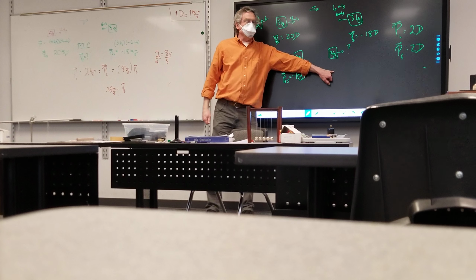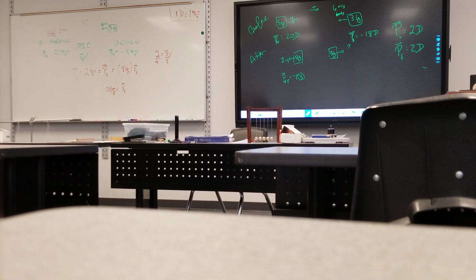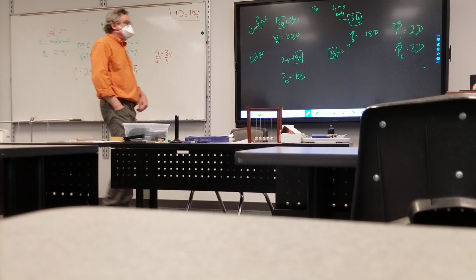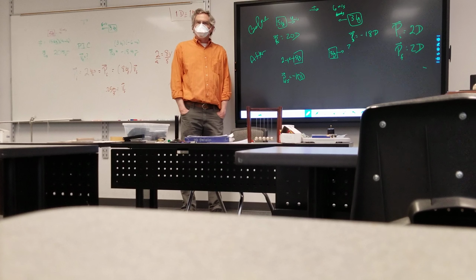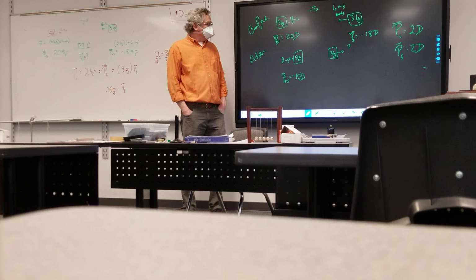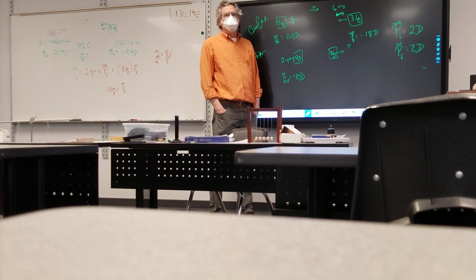So I have to figure out what is the final momentum of the 3 kilogram mass. I know the sum is 2. This is negative 10. That'd be 6. How'd you get 6? Because of the 2, the final.